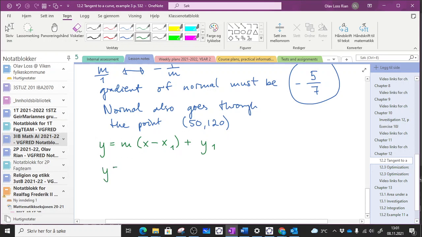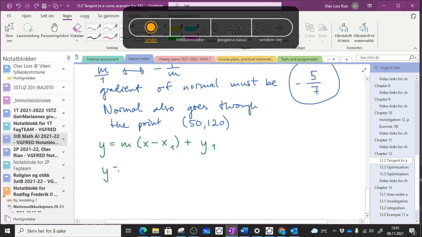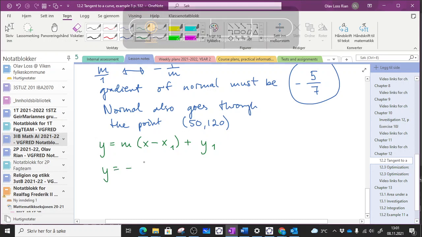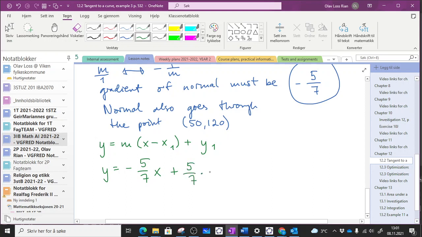So y equals, and now we have to use the new gradient, minus 5 divided by 7 x, and now we have minus minus, so that's going to be plus 5 divided by 7 multiplied with 50 plus 120.